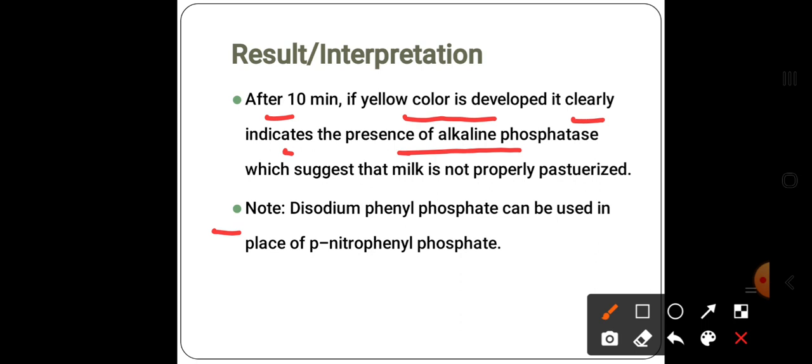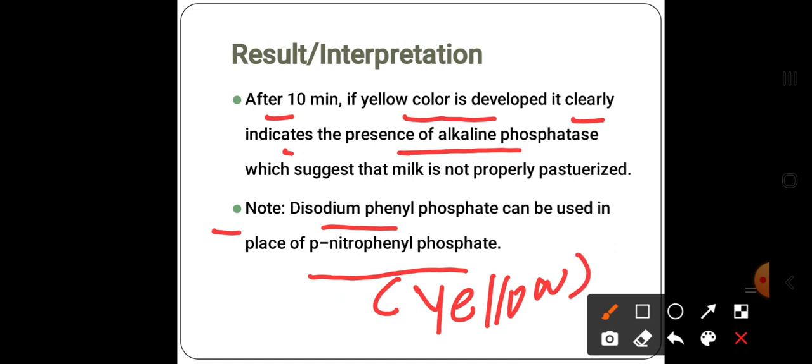In place of para-nitrophenyl phosphate, another option is to take disodium phenyl phosphate as a substrate. The para-nitrophenyl phosphate will give yellow color and this disodium phenyl phosphate will give blue color.